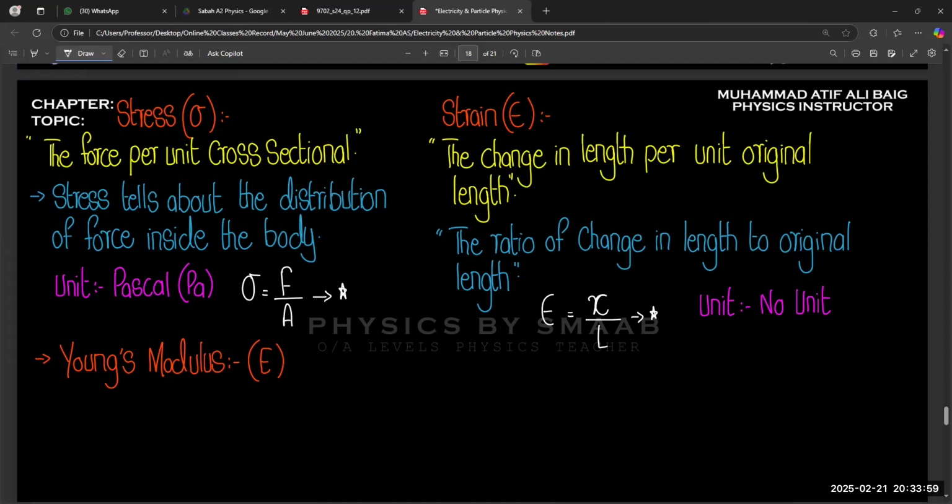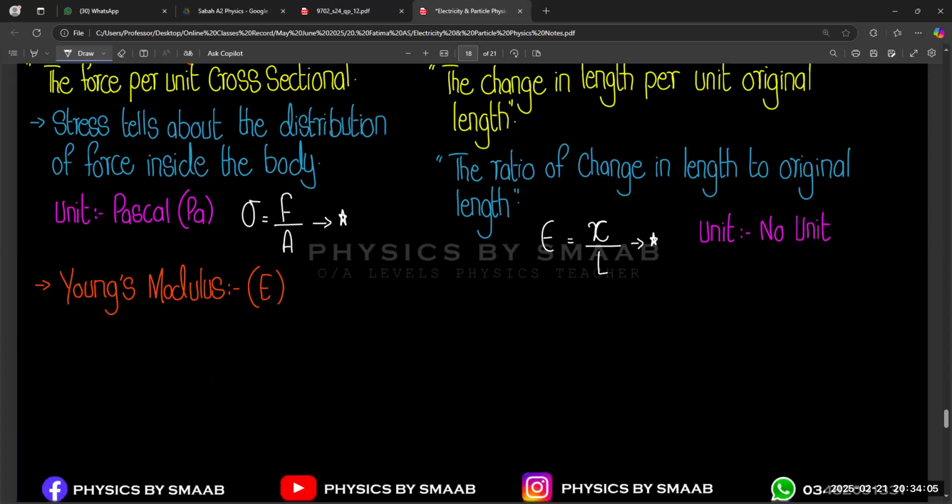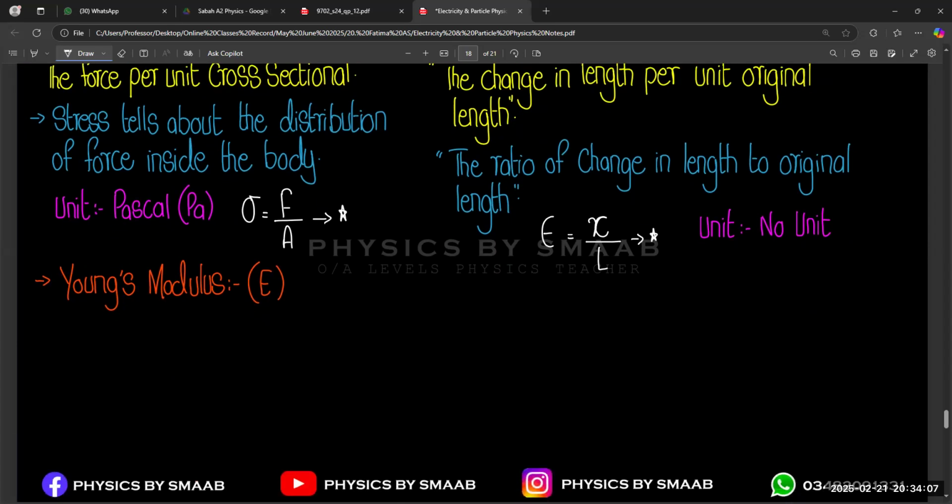Epsilon is equal to X over L. And the definition of Young modulus is the ratio of stress to strain.